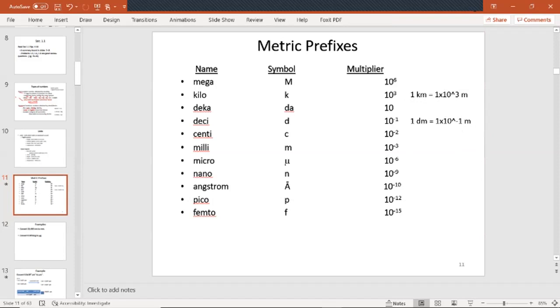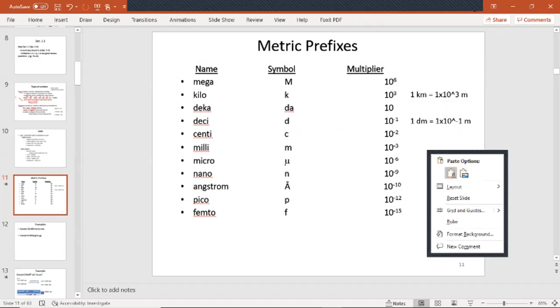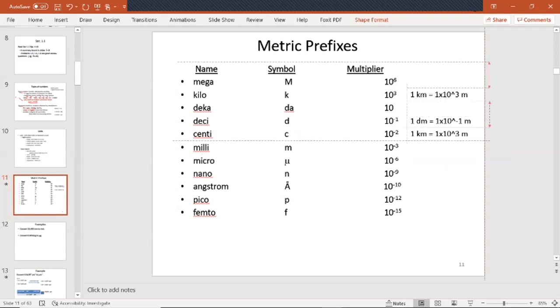For a centimeter, the way you would do this is 1 centimeter is 10 to the negative 2 meters. So this multiplier is the base unit, and that equals the prefix.